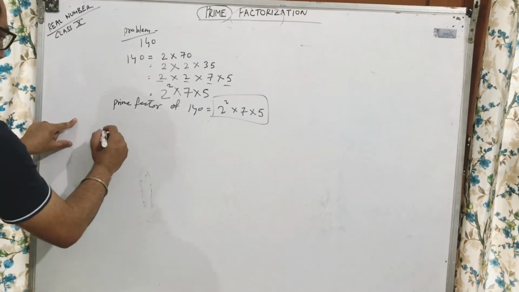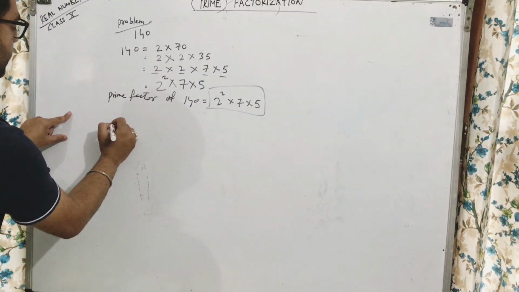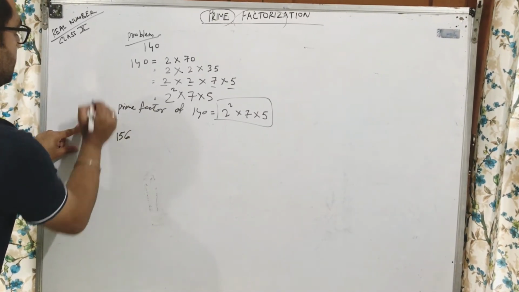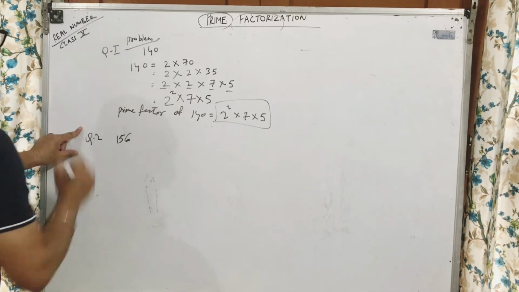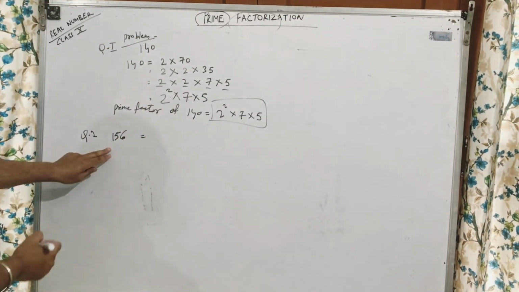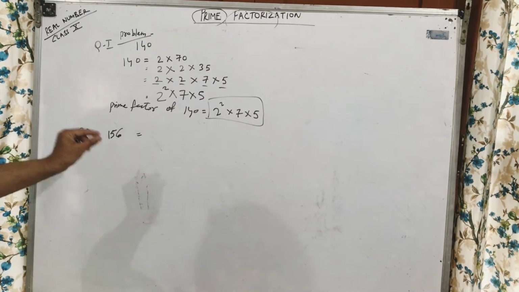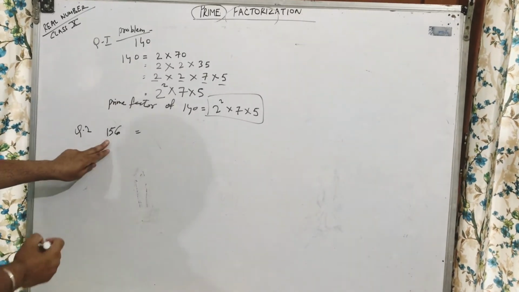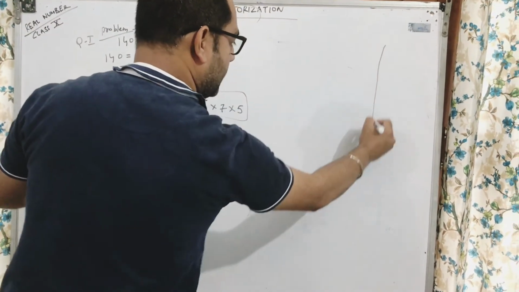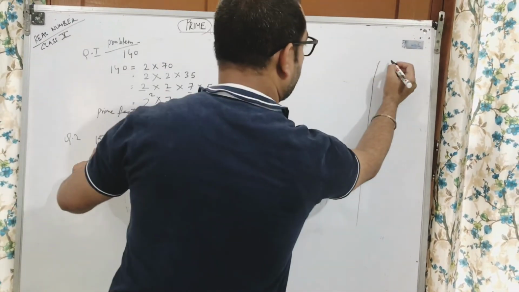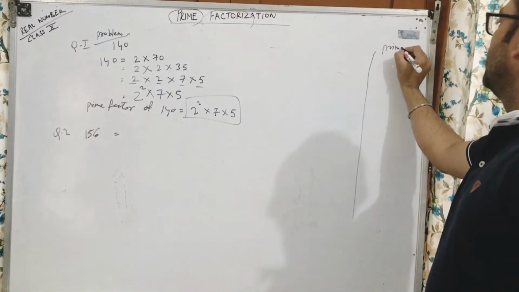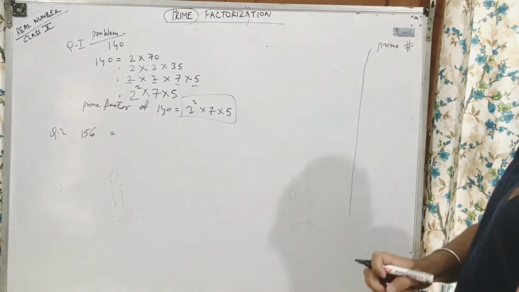Take another example now. Take the example of 156. This is question 2. Always try with the smallest prime number, and at the same time you should know the prime numbers as well. Prime numbers are those numbers which have only 2 factors.